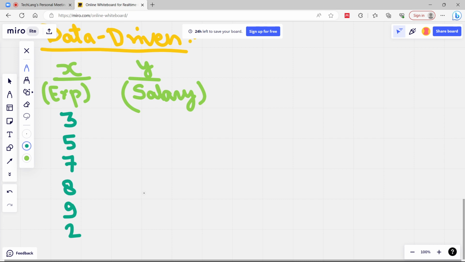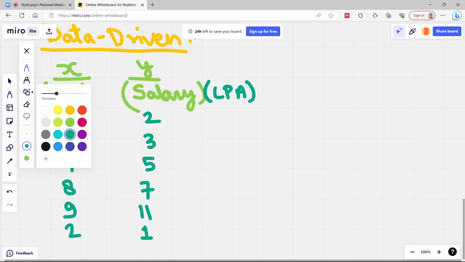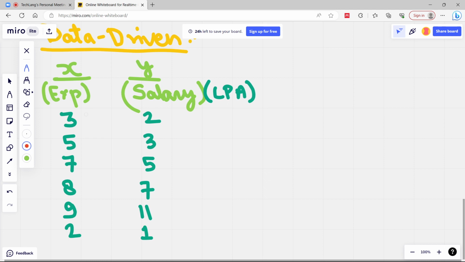As per salary, I have, let's say, 2, 3 LPA, 5 LPA, 7 LPA, 11 LPA, and 1 LPA. So salary in LPA, lakh per annum, is given on the y coordinate. This is the data set given in my terms.